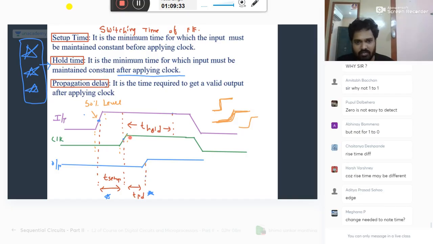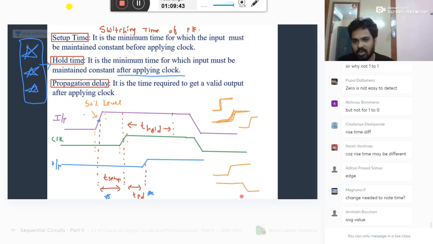If the rise time is different, the 50% point is also different. One thing you see: this is changing from 0 to 1, and this is changing from 1 to 0. You should not take these two as the delay. Say this is changing from 1 to 2, and that is changing from 3 to 4.